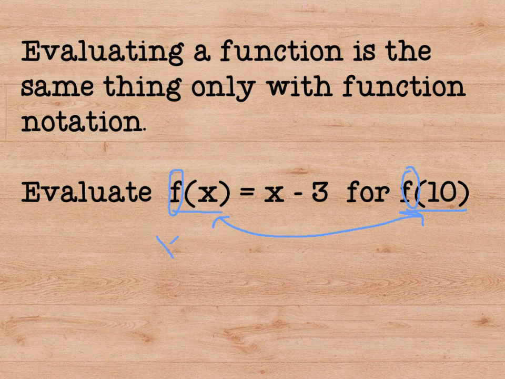So now we're going to let x equal 10, so f of 10 will equal 10 minus 3, which would then give me 7. Just like the problem on the other page, but now we have to do it with function notation.